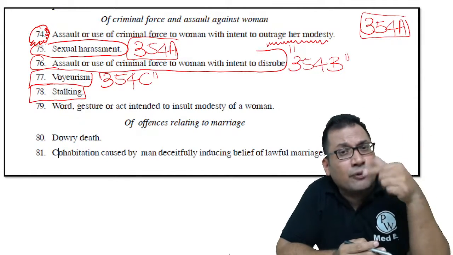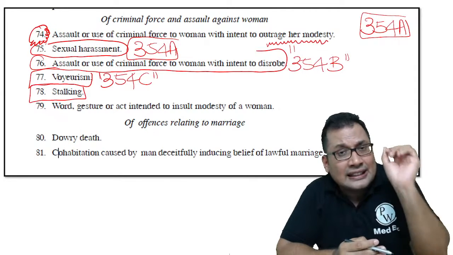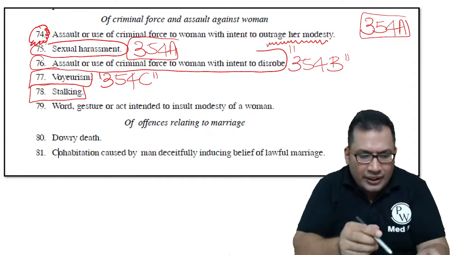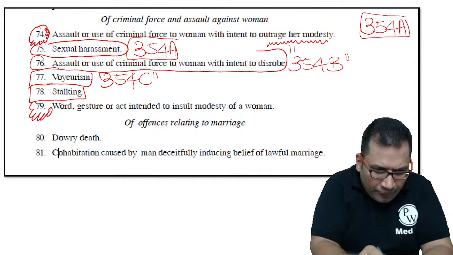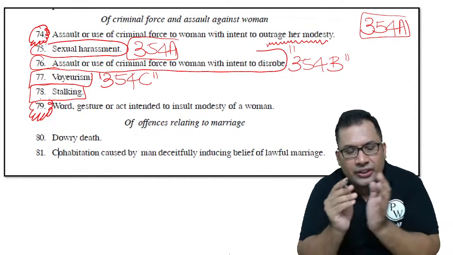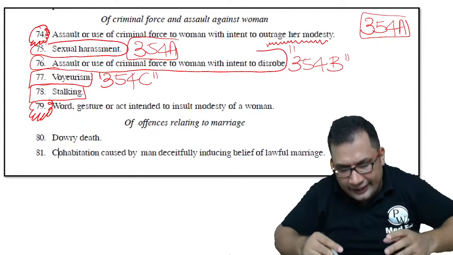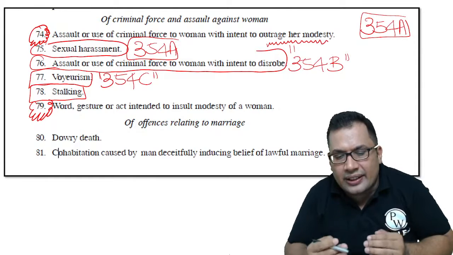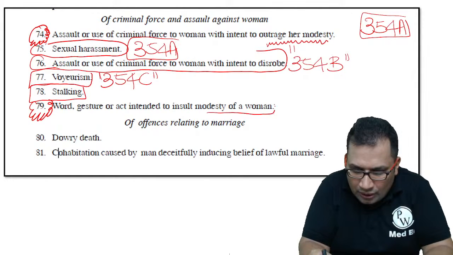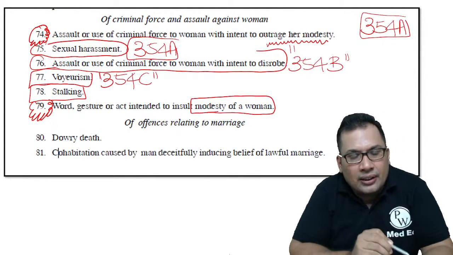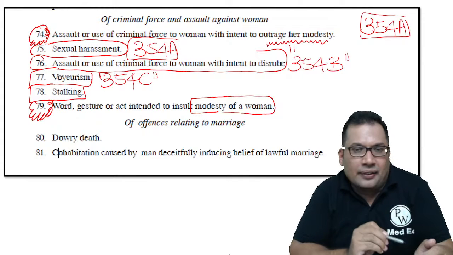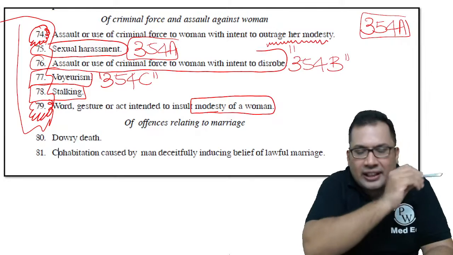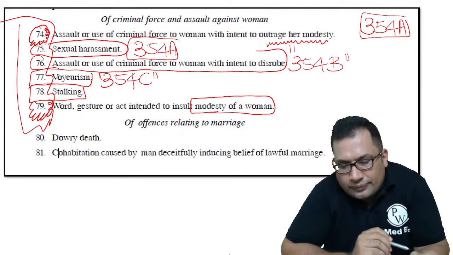Previously it was 354D, now it is 78, stalking. 79, that is word, gesture, or act intended to insult the modesty of a woman. Okay. All this you can see in the same folder, a systematic approach.